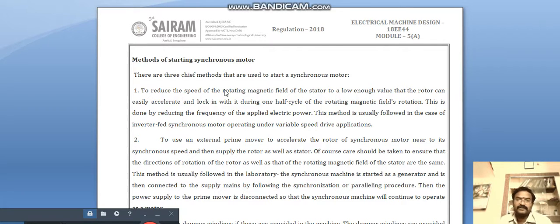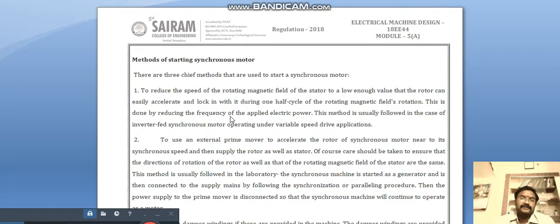To reduce the speed of the rotating magnetic field of the stator to a low enough value that the rotor can easily accelerate and lock with it during one half cycle of the rotating magnetic field. This is done by reducing the frequency of the applied electric power.